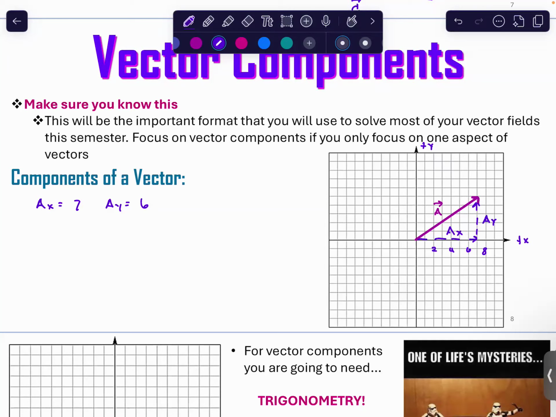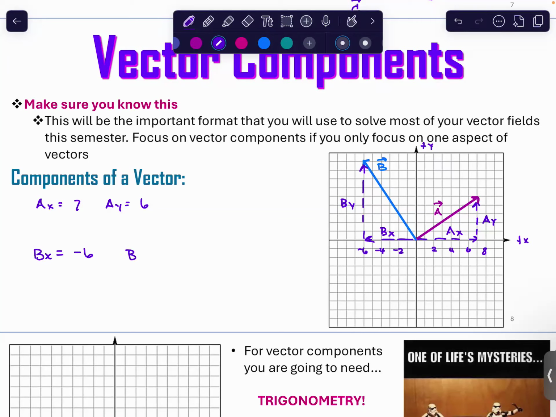Dx is going to be, of course, a -6. And we'll get to directions here in a little bit.